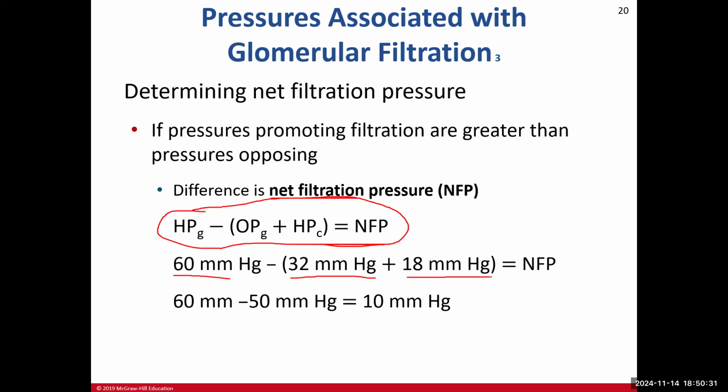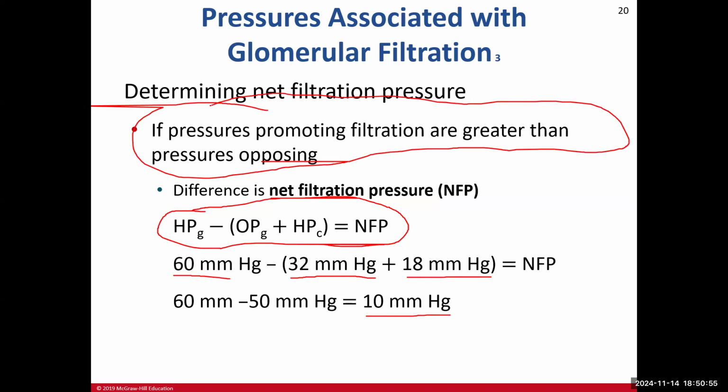Then we take the difference between the hydrostatic pressure of the glomerulus and the opposing pressures. That gives us a positive value. So if we have 10 millimeters of mercury, that favors filtration, just like we saw before in our circulatory system. If the pressures promoting filtration are greater than the opposing pressures, that's what we're looking for.